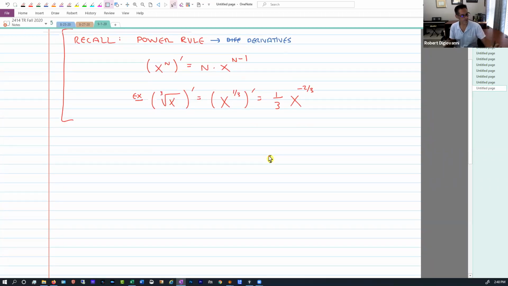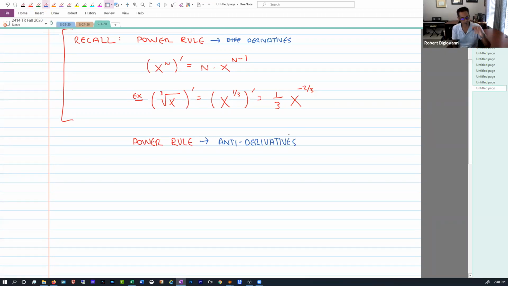I know a lot of you have seen it already, but we're going to do it anyway. The power rule for antiderivatives basically has to be the reverse of the rule that we just looked at.